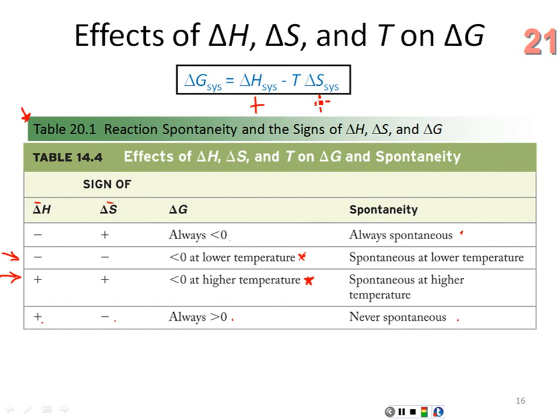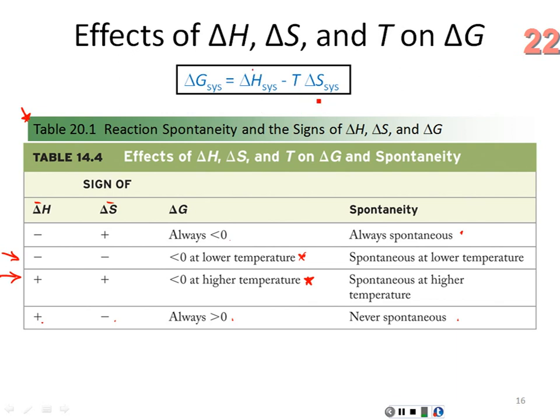So in terms of spontaneity, a positive delta H is not good. Positive delta S is good. But if it's at a lower temperature, that's going to minimize the delta S term, so we need it to be a higher temperature to outweigh the positive delta H and make delta G overall negative to be spontaneous.